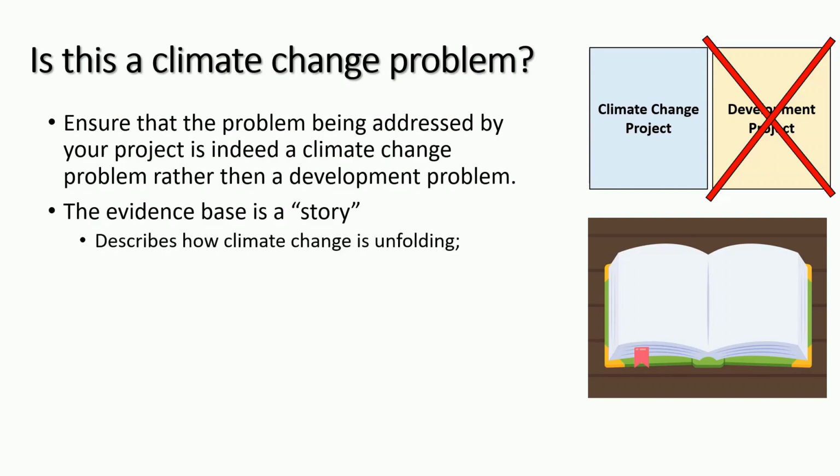It describes how climate change is unfolding in your country, the manifestations of climate change, what climate change looks like in your country, what's happening. And also another part of that story is the impacts that it's having on human systems. How is it harming people, places, and things? And that really tells you the relevance of climate change.